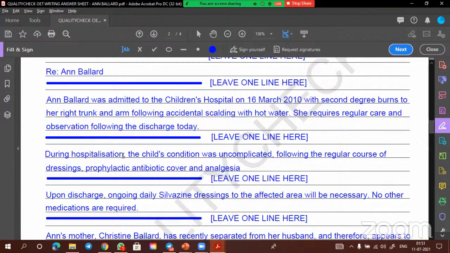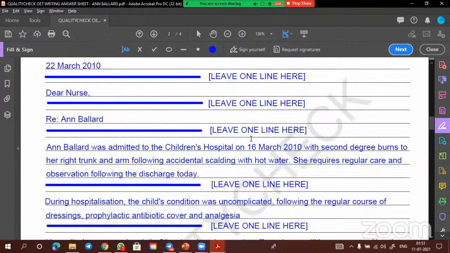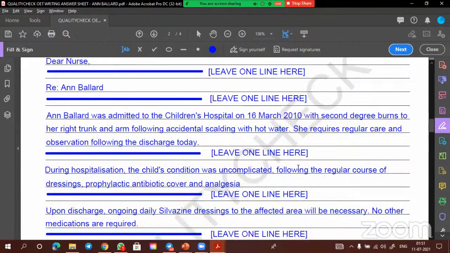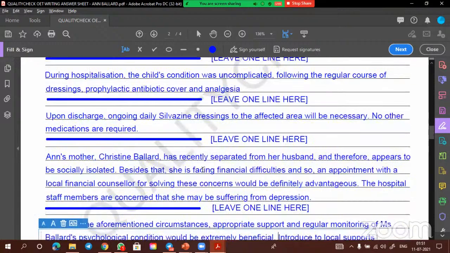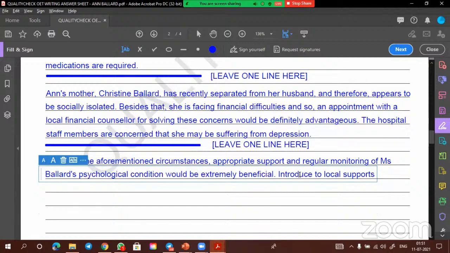We wrote "besides that", but "in addition" is not there. So, in addition, comma.